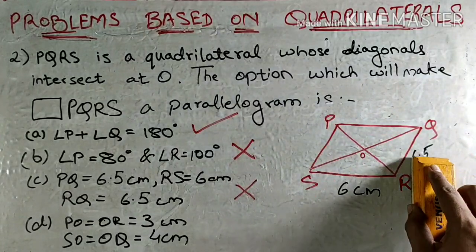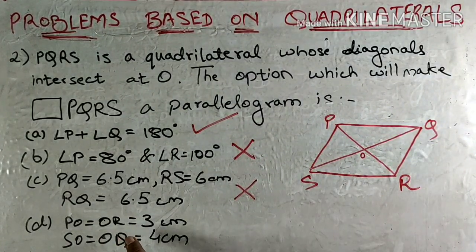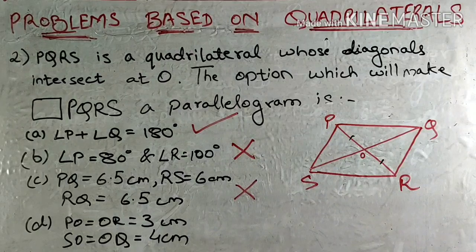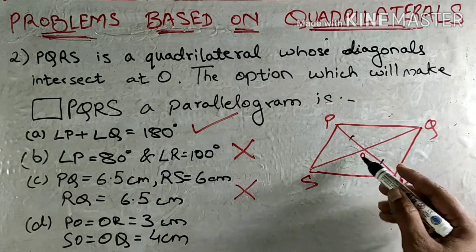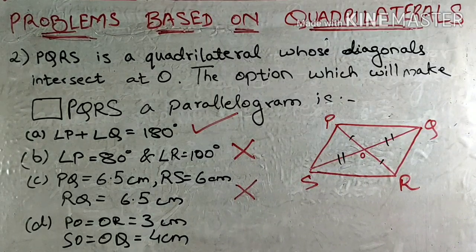Now let's see the fourth option. PO is equal to OR is equal to 3 centimeters, and SO is equal to OQ, that is 4 centimeters.